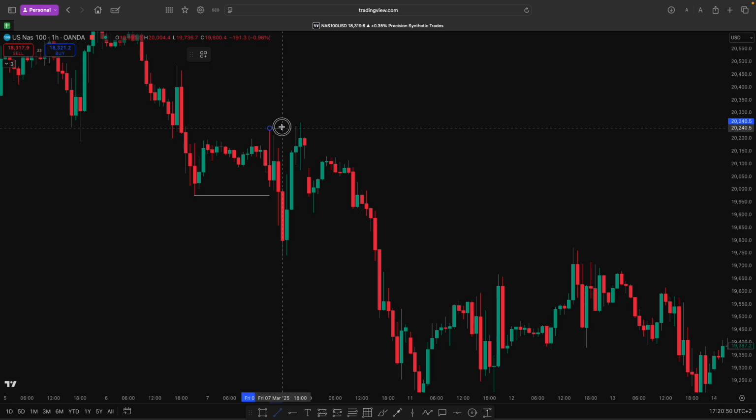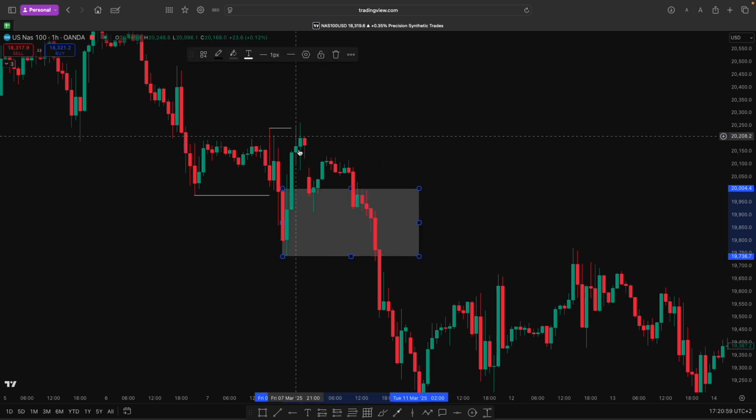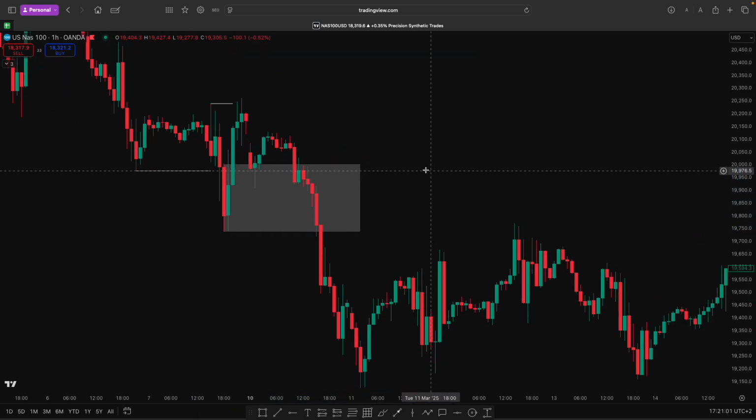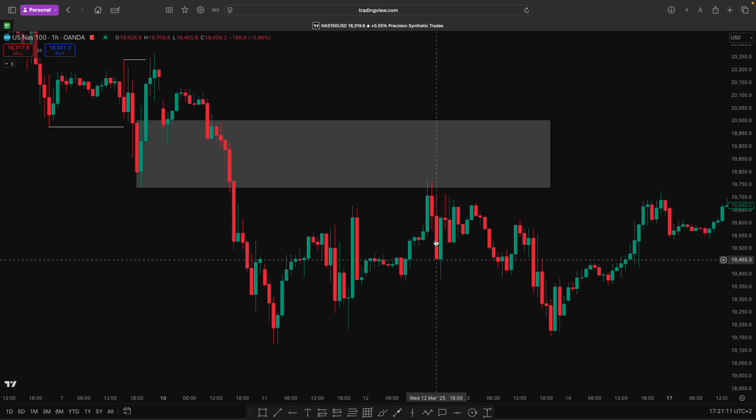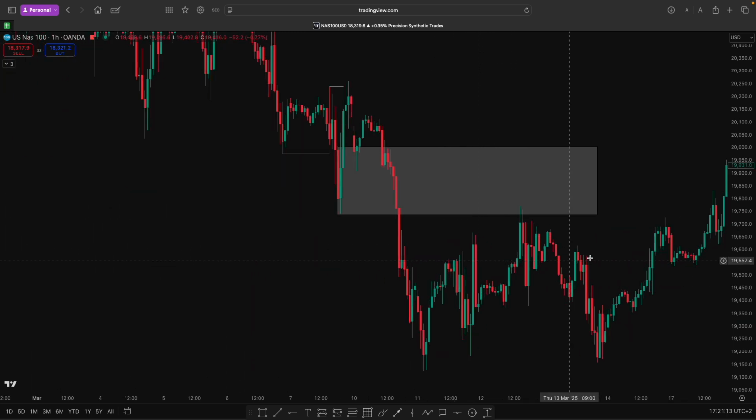We had a market structure shift. We're waiting for price to go up. So what do people do? They wait for this order block, a reaction all the way to the up move, but price disrespects this order block. It turns into a breaker block, and as you can see, we had a nice rejection from this breaker block and we had a push down.